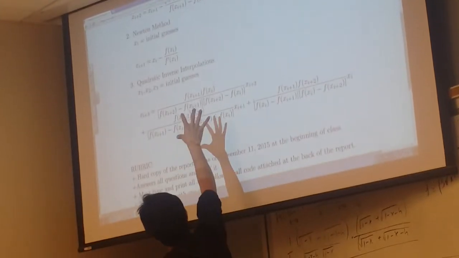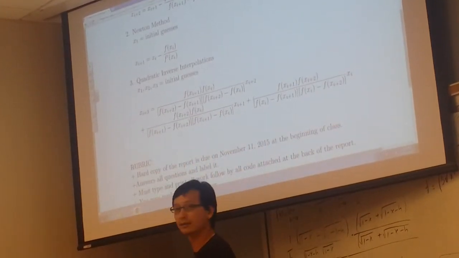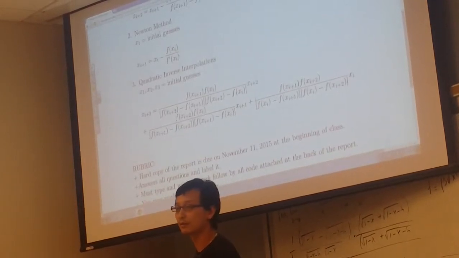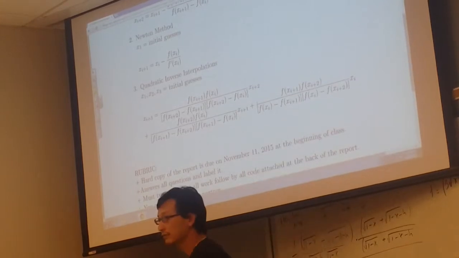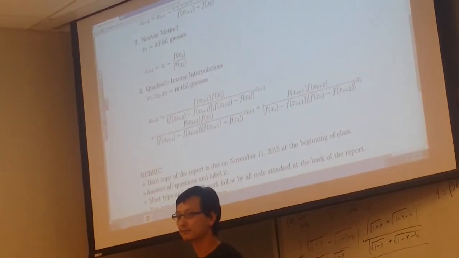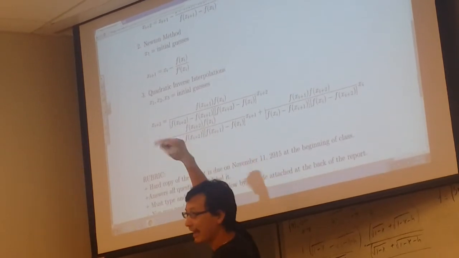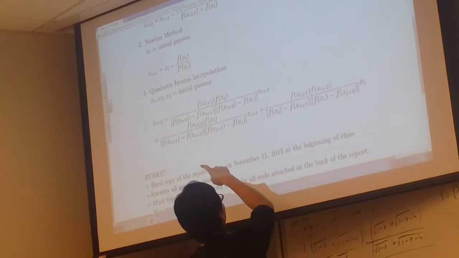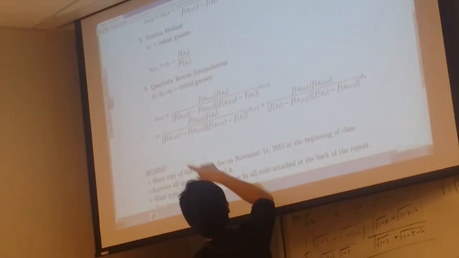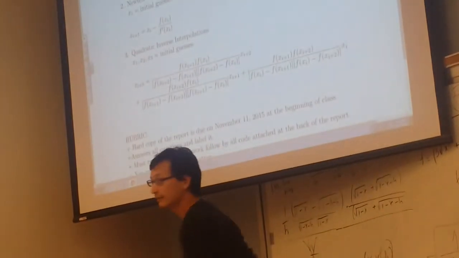You evaluate each part, add them up, and call it my B. This plus this plus this. It doesn't look bad. If xi is A, then xi plus 1 is B, and xi plus 2 is C.